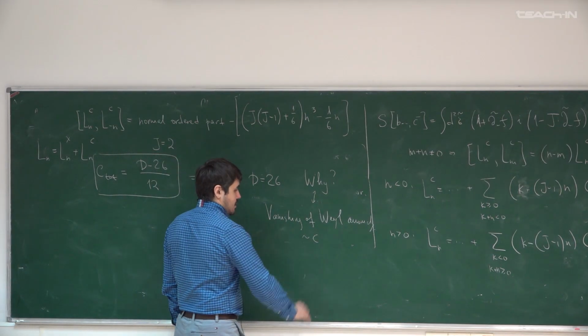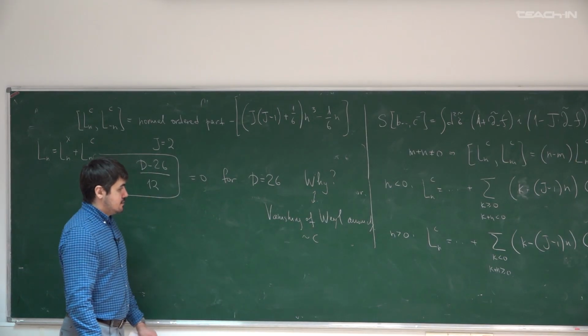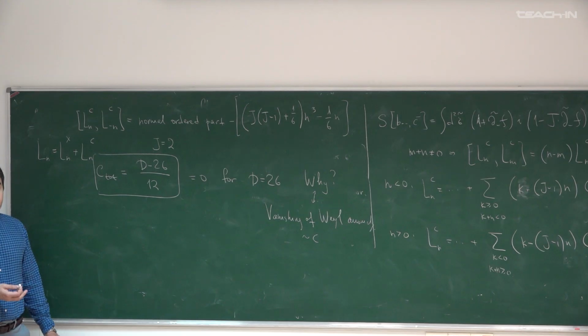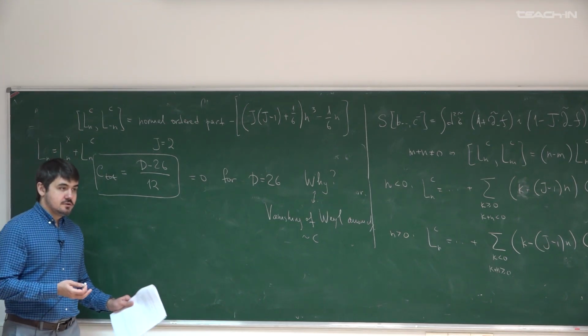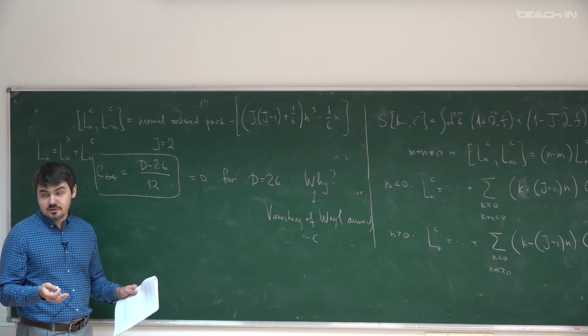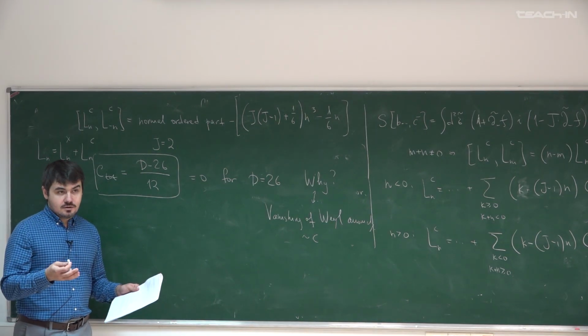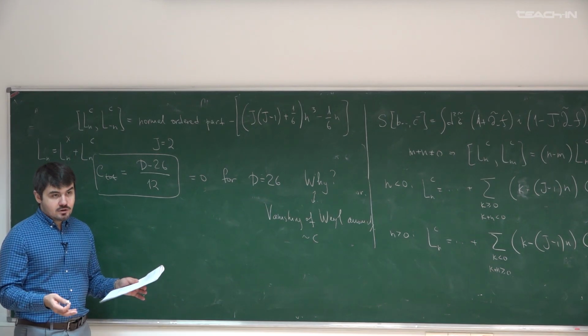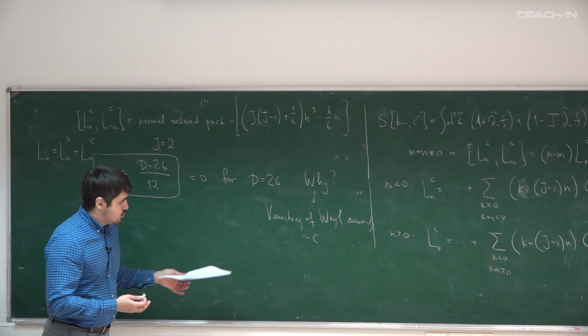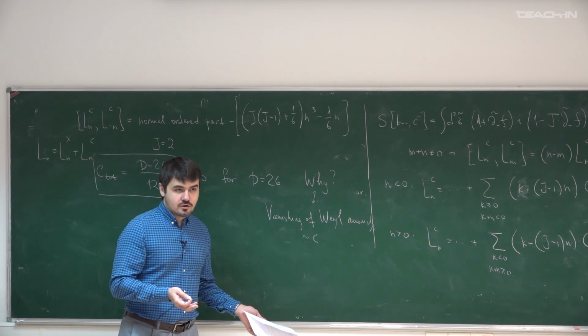This is a general property of such theories. You could take an arbitrary conformal field theory with some central charge and couple it to gravity, meaning couple it to the metric, and you can ask if this theory is Weyl invariant. The obstruction to Weyl invariance will be the non-zero central charge.